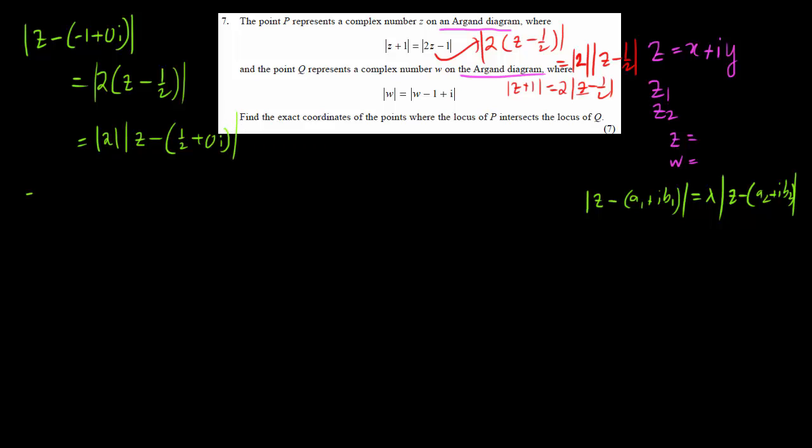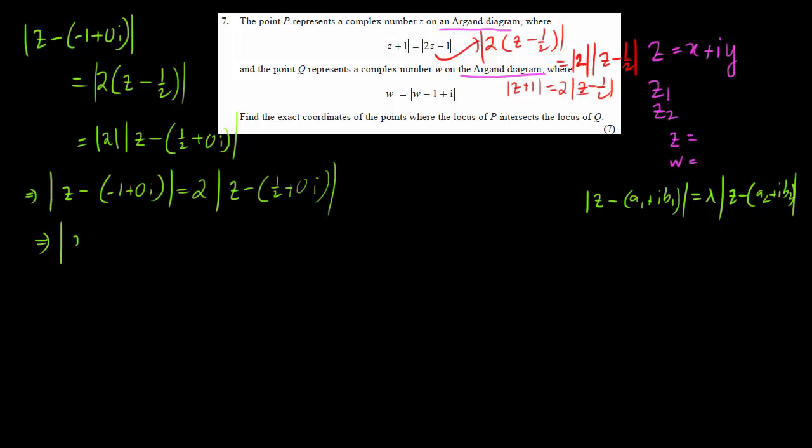So this is going to be modulus of z plus 1 plus 0i equals modulus of 2 times modulus of z minus half plus 0i. Of course, I could have just directly put the value z equals x plus iy. That would not have made any difference at all. I'm just expressing the format.